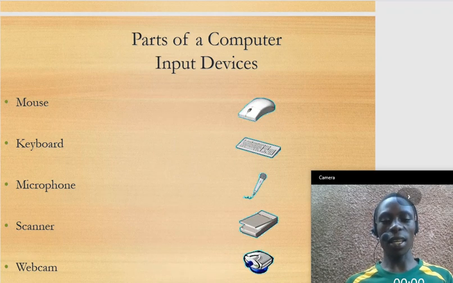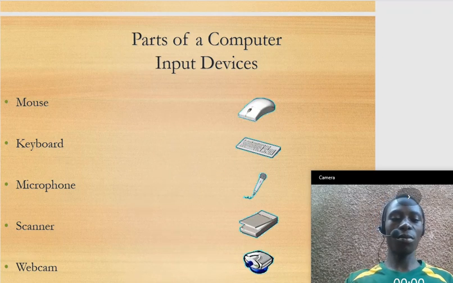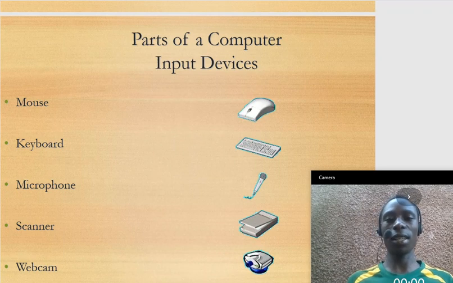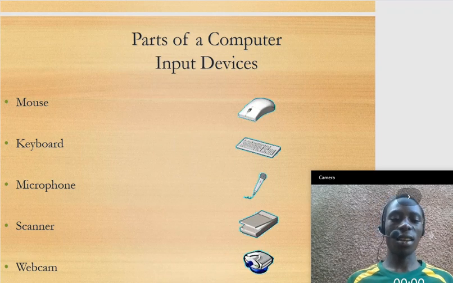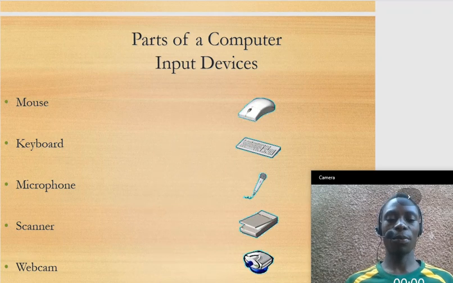A scanner is an input device. A webcam: different computers have what we call webcams in front of them, immediately after the camera. A webcam is an input device that captures whatever is happening with the computer. All these are input devices, and they are parts of the computer.